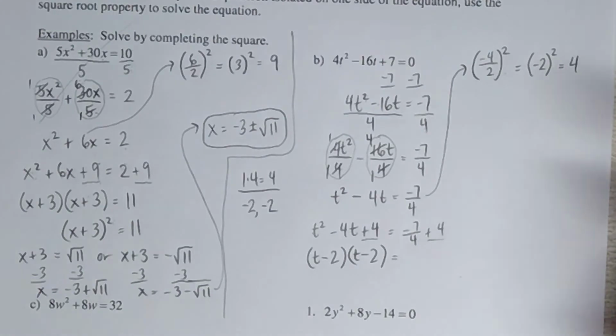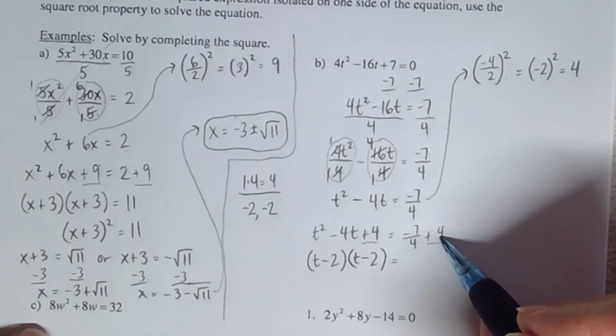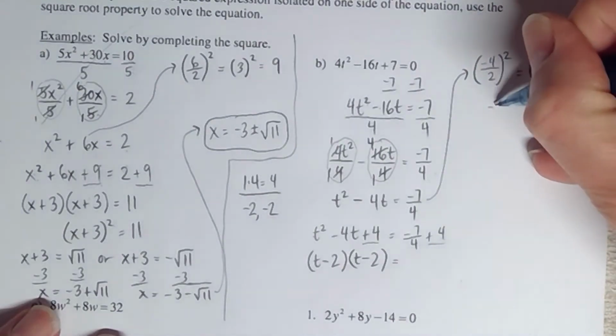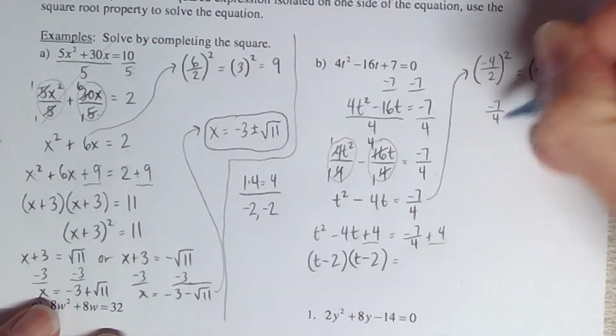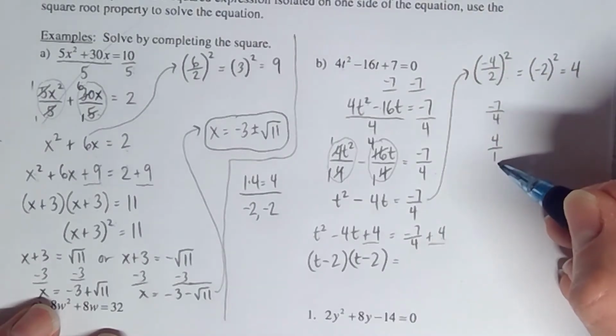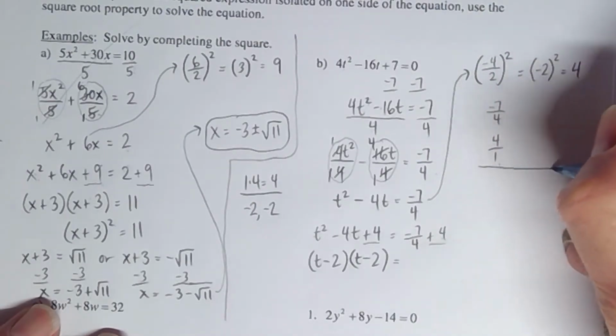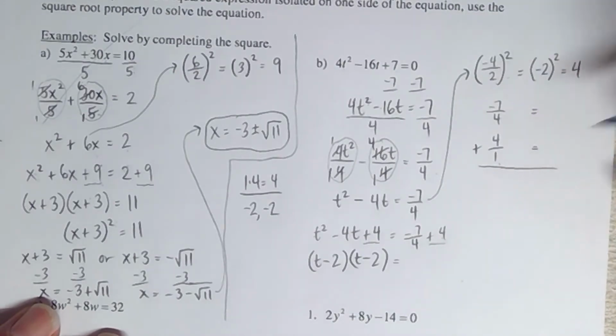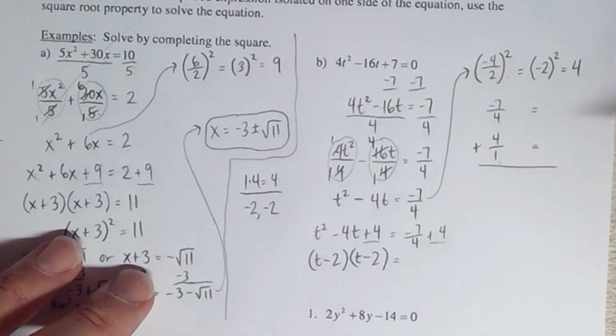Now, what's the other side equal to, though? How do I add a fraction to just a normal number? We've learned that in the past. That's where you take the number that's just a normal number and put it over 1, and then you add the two fractions together. But adding fractions means that we need an LCD.